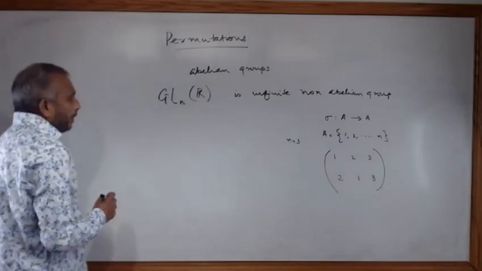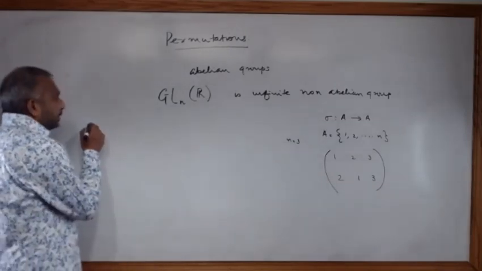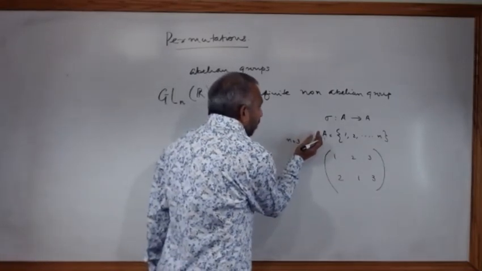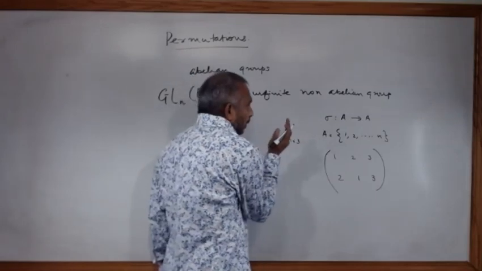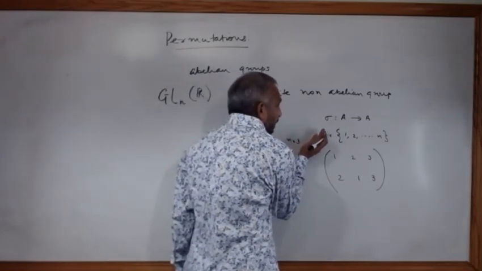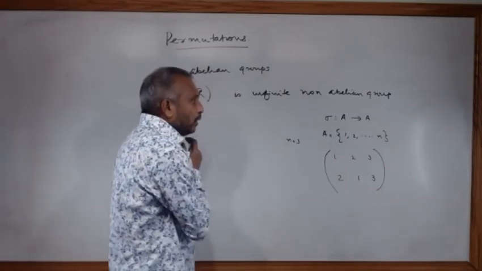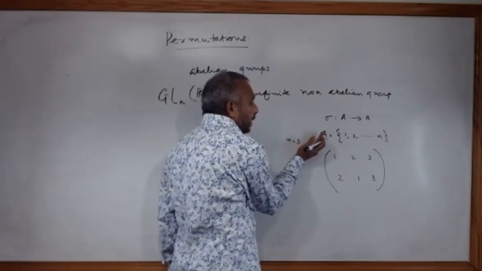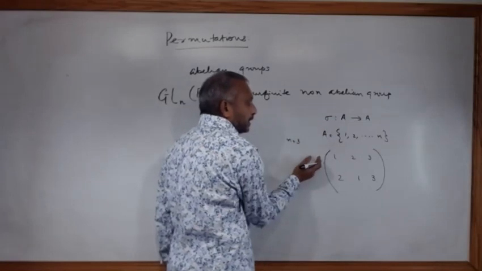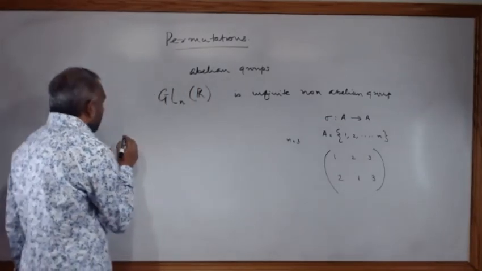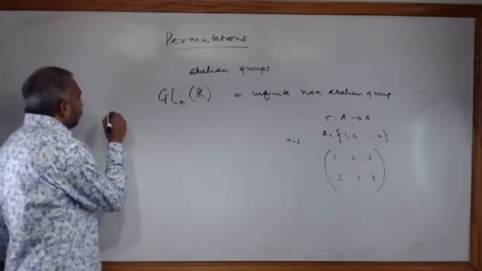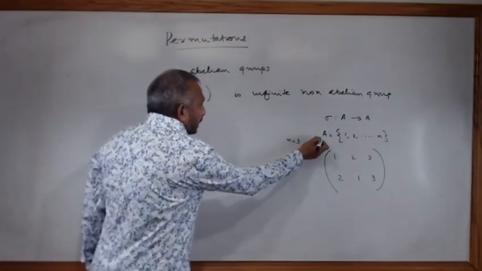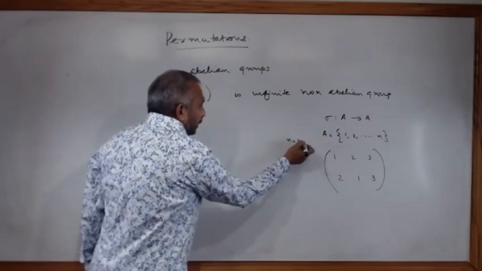Our claim is, if you take the collection of all permutations from a finite set to itself, we can form a group with the binary operation as the composition of these bijections. Meaning, let us say you take two permutations on a set with 3 elements.